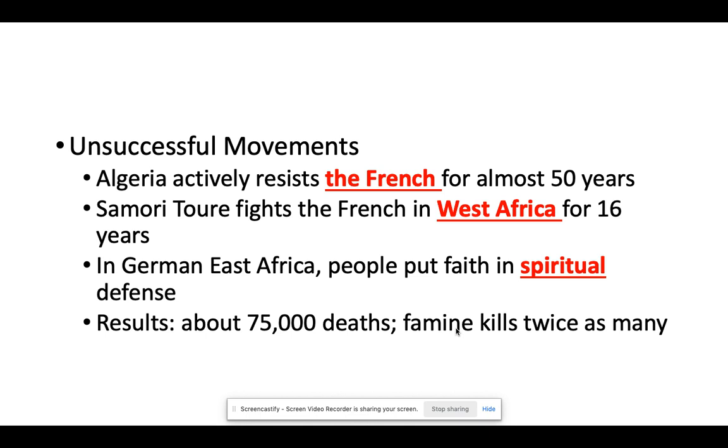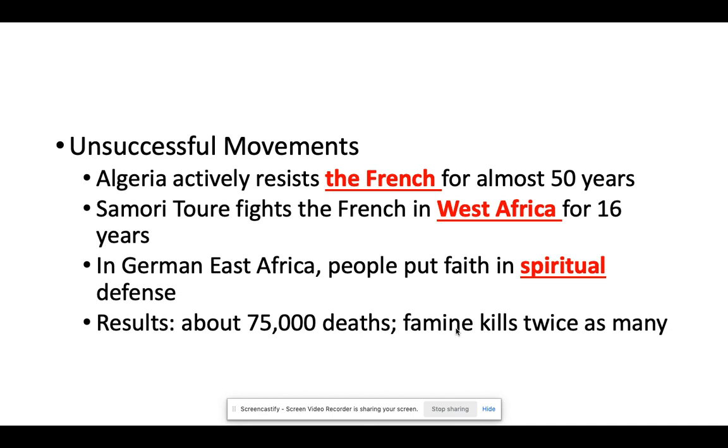In German East Africa, you're going to see people who place their faith in their spiritual defense. With the other groups around them, the other tribes and kingdoms, their spiritual defense had always worked for them because those groups believed their gods were very powerful and didn't want to offend or upset them, because then they would attack.